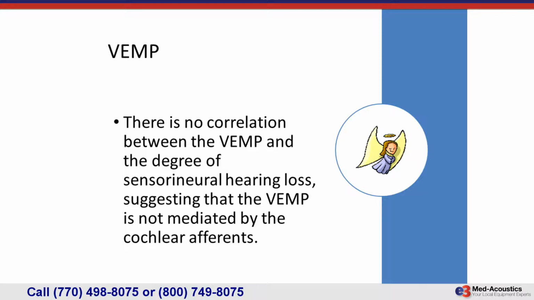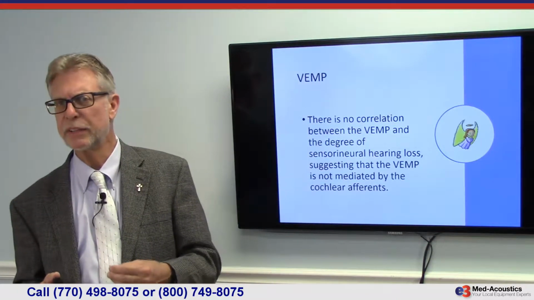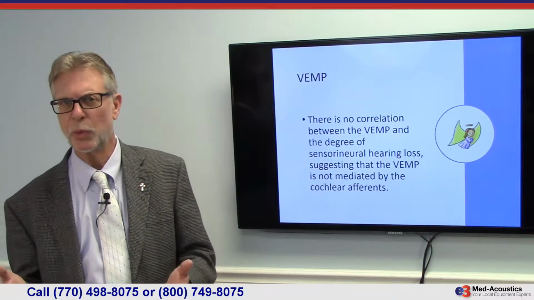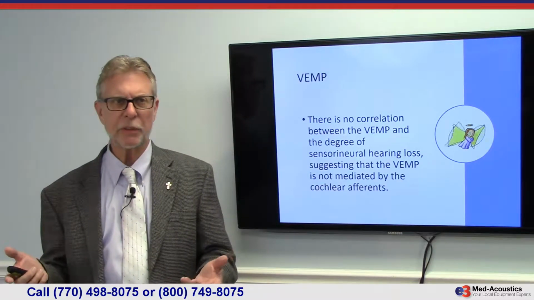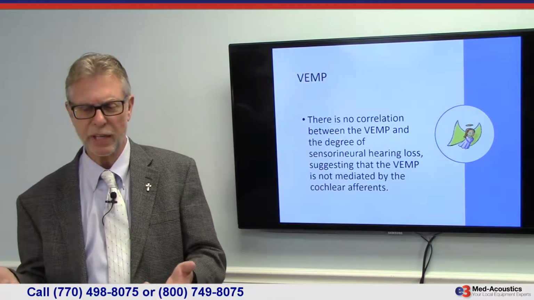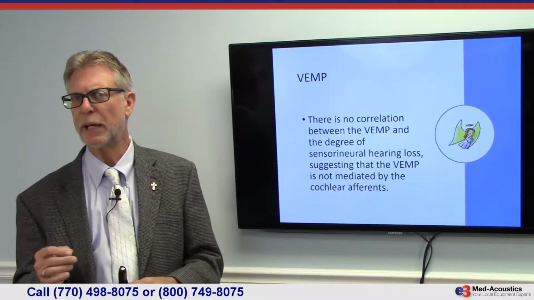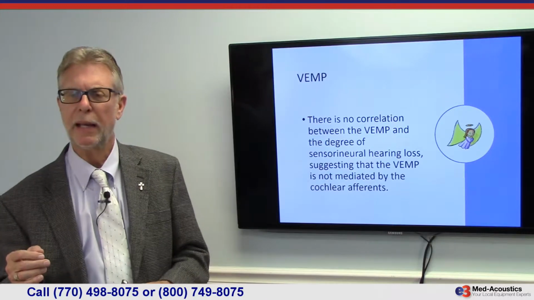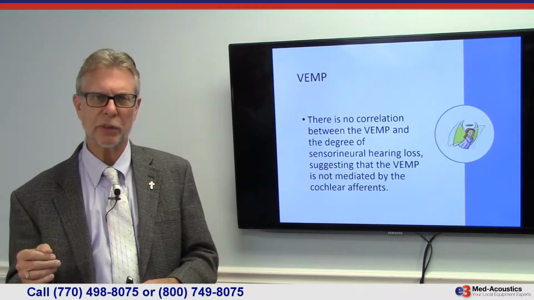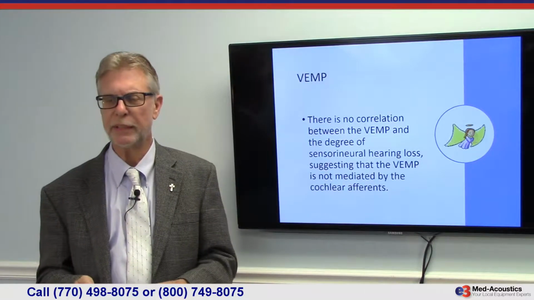Sensorineural hearing loss prevents you from doing other tests, makes them contraindicated. But it's not the case in this. Since it has nothing to do with that, patients with significant sensorineural hearing loss, even deaf patients can be tested. The thing that would affect it is a conductive hearing loss. In fact, a conductive hearing loss would make the test contraindicated.